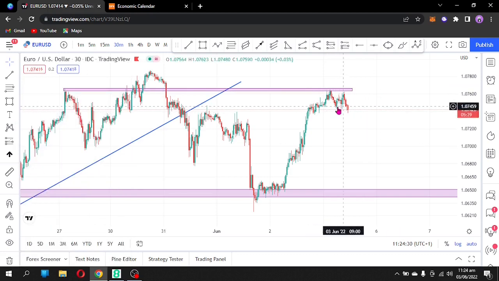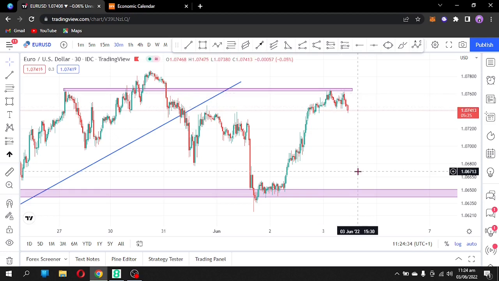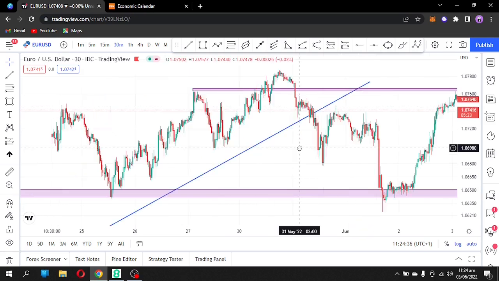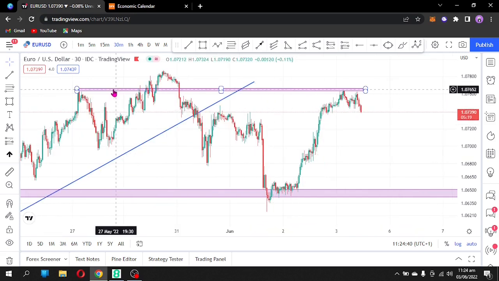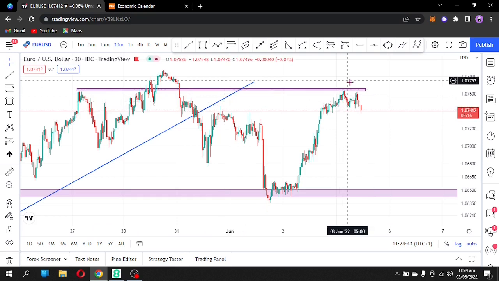So now this chart pattern indicates that this currency pair is about to go bearish, because it's a bearish structure now, and we have this resistance here and this double top chart pattern.